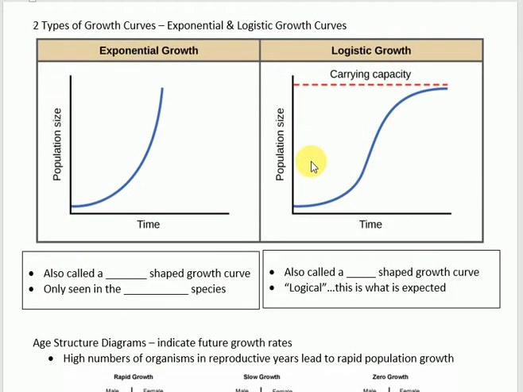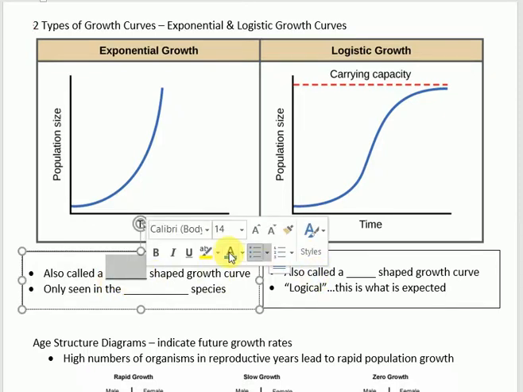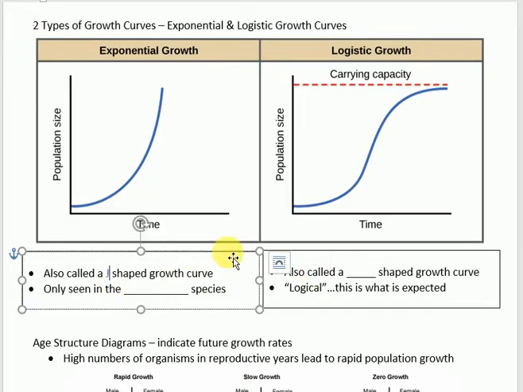So let's look at the two different kinds of growth curves that you need to be familiar with. So we've got exponential growth and we've got logistic growth. So let's take a look here at the exponential. This is also referred to as a J-shaped curve.